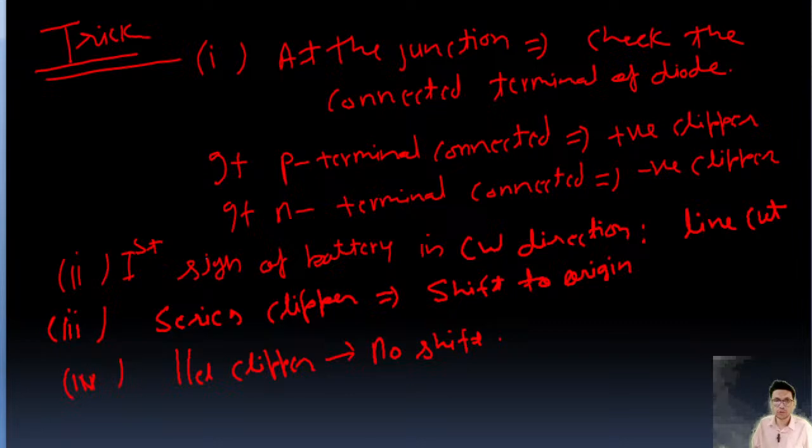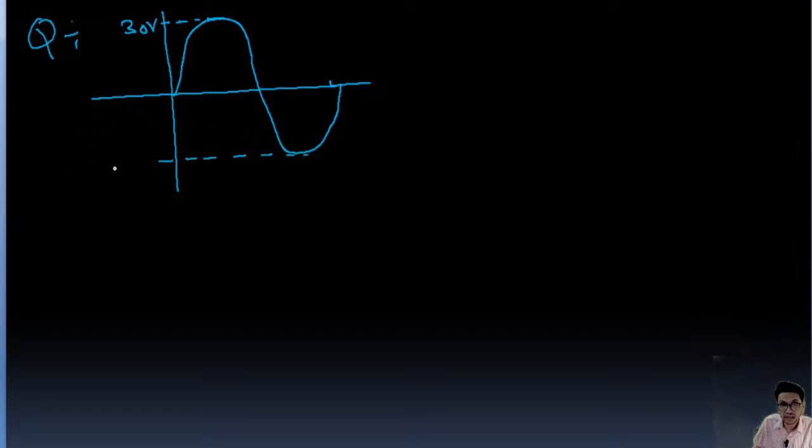Now I'll solve a question, which will clear your doubt. So the third question is like this. We have been given this one. This is the input, given like this. This is 30 volt, and this is minus 30 volt.